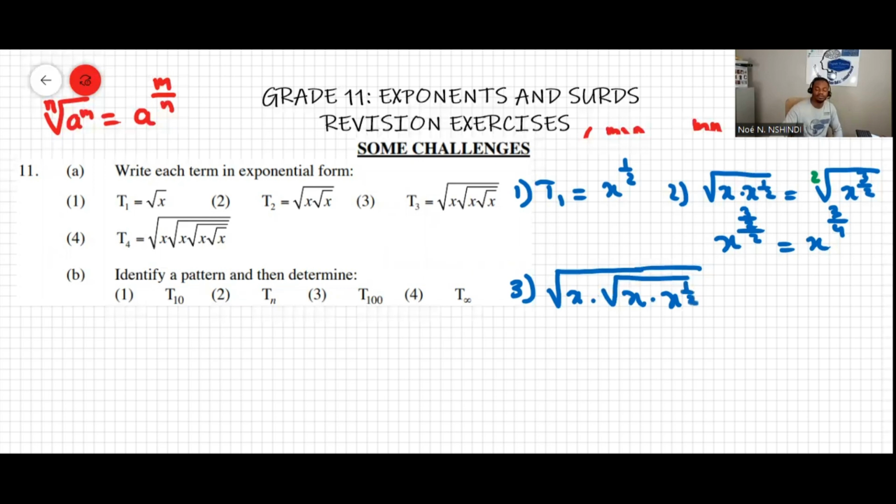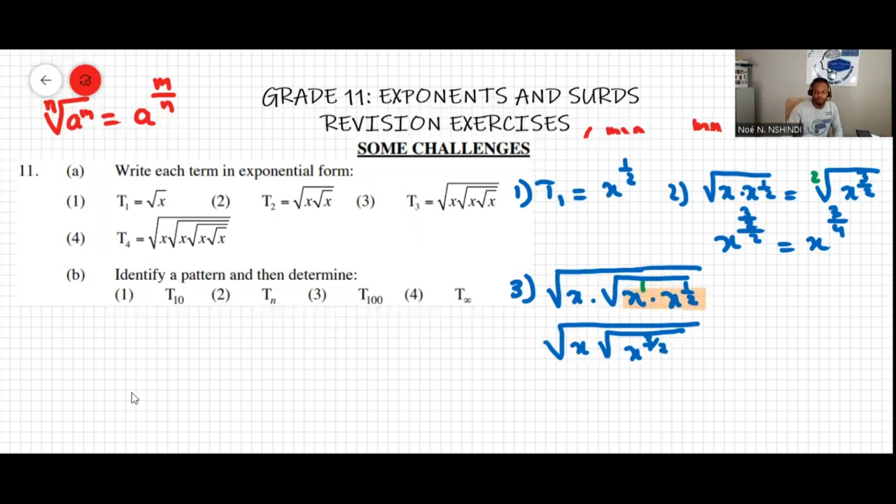Correct. Now we can combine these two, because this one has an invisible exponent of 1, so that makes x to the power of 3 over 2, when we do 1 plus a half is 3 over 2. So this will be the square root of x to the power of 3 over 2.